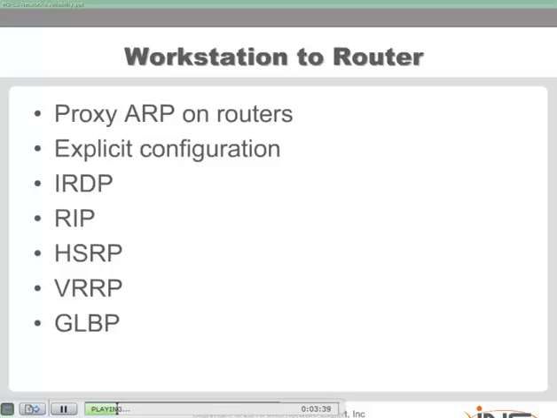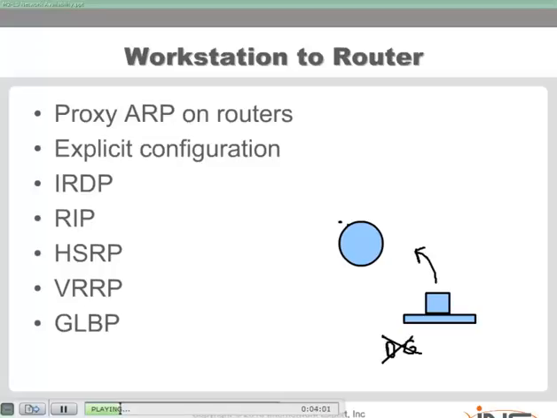There is a terrible, terrible way to implement this, really, and that is to rely on what's called proxy ARP. This is where a workstation wants to communicate with some remote host, so it ARPs. It doesn't have a default gateway configured. Okay, so there's no default gateway configured. Silly.